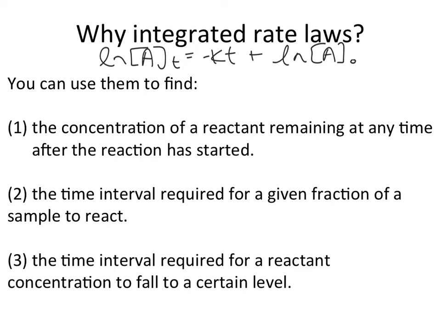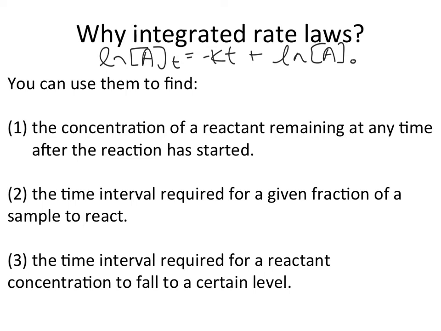We can also figure out the time interval required for a given fraction of sample to react. We can look at the relationship between our initial concentration and our concentration at a specific time, look at the ratio that forms there, and that can lead us to the time value at which that concentration ratio will occur.